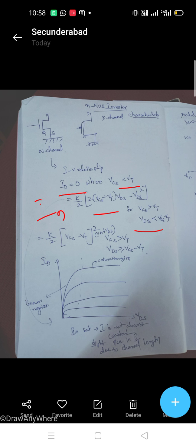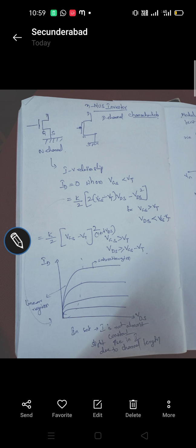Next, ID equals K by 2 into (VGS minus VT) whole square into (1 plus lambda VDS). This is the condition for VGS greater than VT and VDS greater than or equal to VGS minus VT.